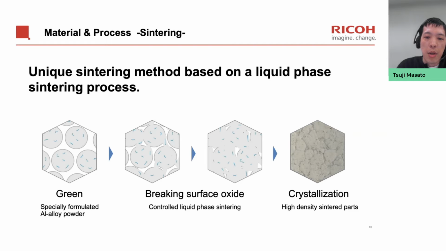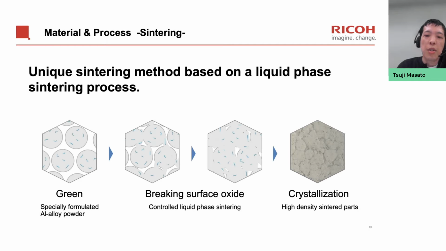First, I'd like to highlight our aluminum sintering technology. Aluminum powder is known to be difficult to sinter due to the oxide film. So we are developing a unique sintering method based on a liquid phase sintering process.